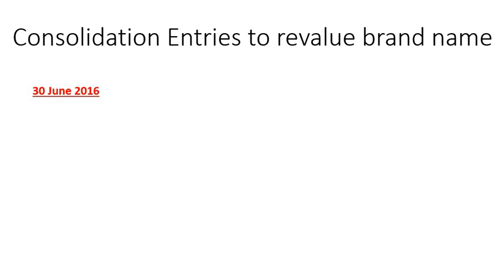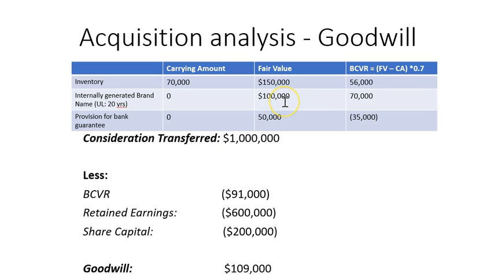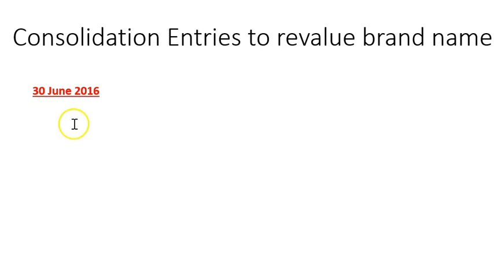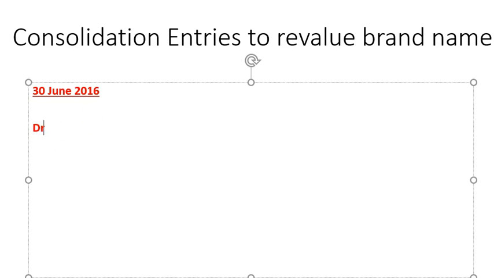We know that the fair value is $100,000, but it's carried for $0 on the subsidiary's balance sheet. So we'll debit the brand name by $100,000 to increase its value to its fair value.